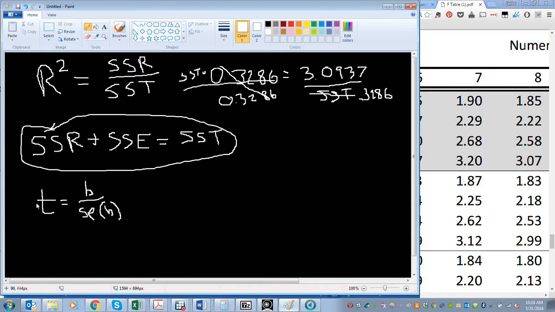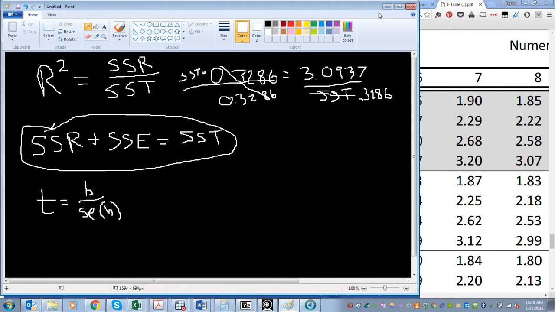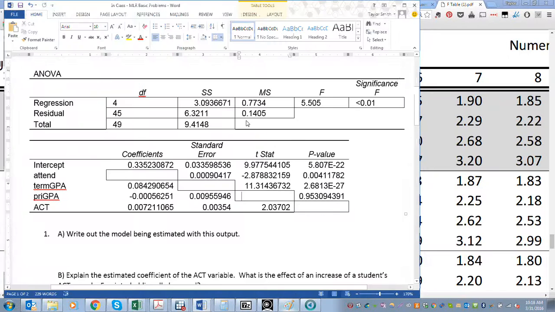Using this formula, there's three things in the formula. If you have two of them, you can always solve for the other one. So here we are, back to our Word document. Our t-statistic, this third column here, is equal to our coefficient divided by our standard error.